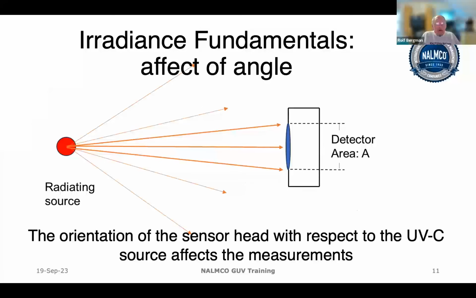Next, we want to consider angle, and we have a radiating source and we have a detector. Now, the detectors, you're going to make measurements. It sort of looks like the detector box here. The blue shaded area is the diffuser area of the detector, which receives light. And so we have the amount of light coming in through that blue area.